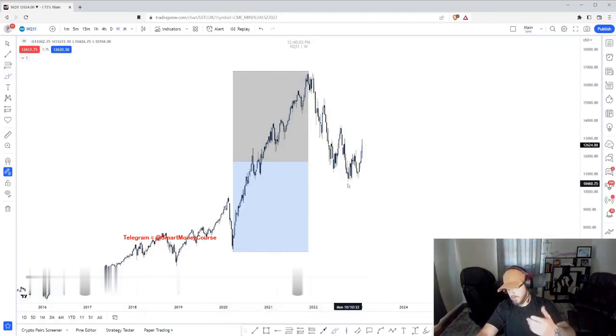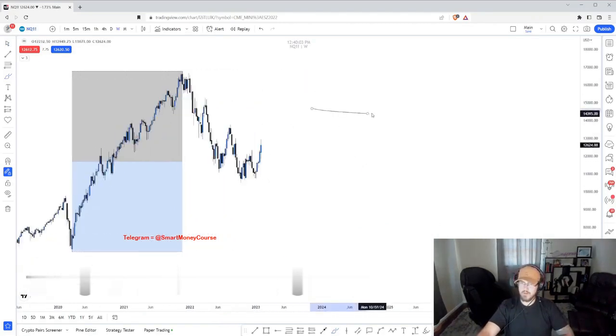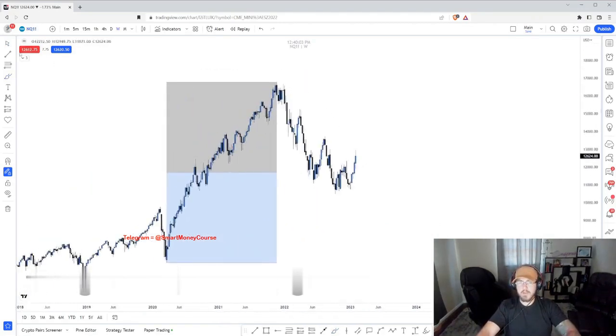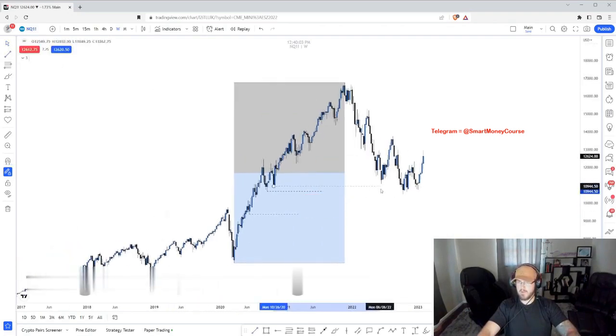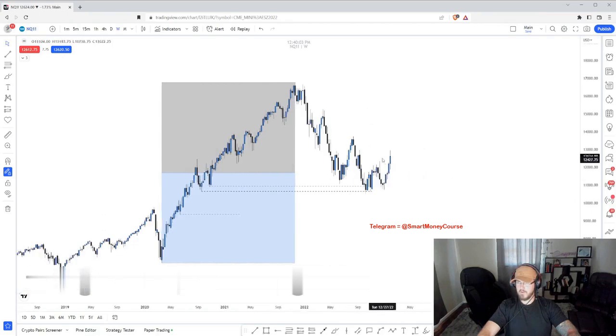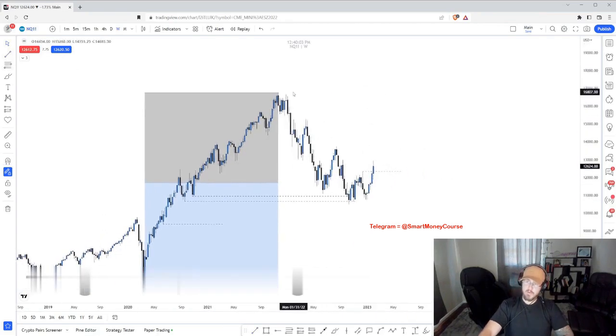Some people use macro conditions, but if we're just using structure, and we look at NQ on the weekly, we look at where is liquidity in a discount. So if you notice, look what happens. When we come down to a discount, we sweep liquidity, and price moves up. Now, I know a lot of you, based off what we just talked about, would almost look for new highs on NASDAQ just based on this weekly chart.